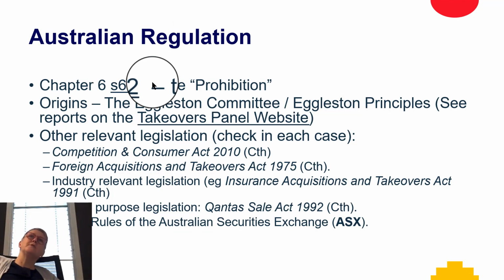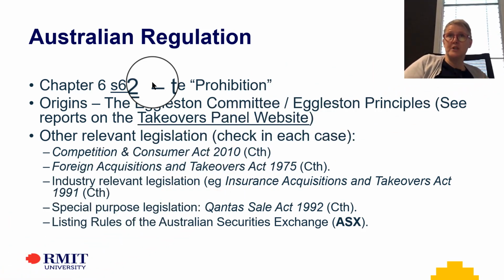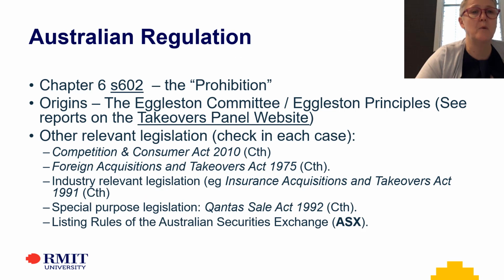So in Australia, the key regulation comes out of Chapter 6. There's the prohibition, and then we've got, let me go back a step. I'm going to bring it up here. I'm just going to pop a few slides on to find it. I just want to bring up section 602 for a second.